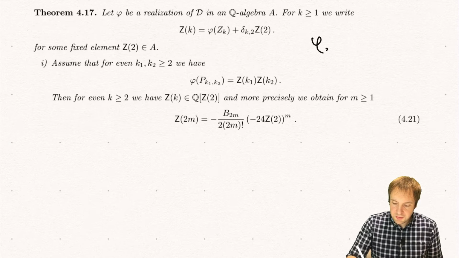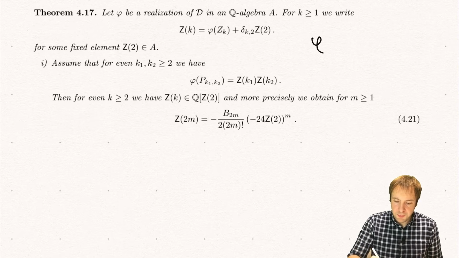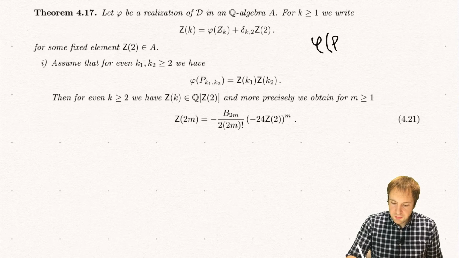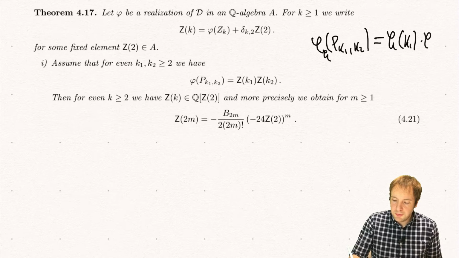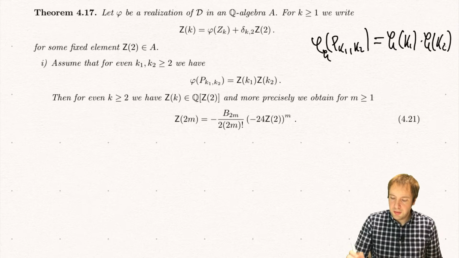And of course, if we take the zeta realization, meaning this is a zeta realization, in this case this P_{k1,k2} was exactly zeta(k1) times zeta(k2).